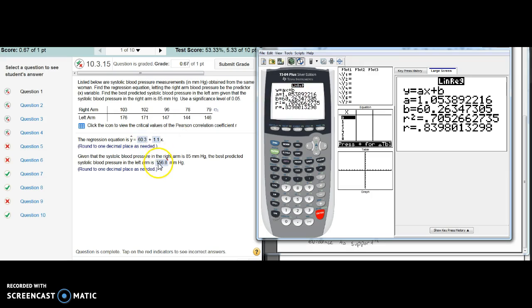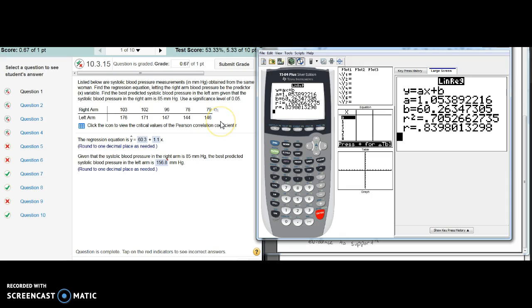You got that correctly. But now, what we seem to do incorrectly is, given that the systolic blood pressure in the right arm is 85, the best predicted blood pressure in the left arm would be, what we're going to use here is dependent on whether we have correlation or not. So how many pieces of data do we have? We have 1, 2, 3, 4, 5.